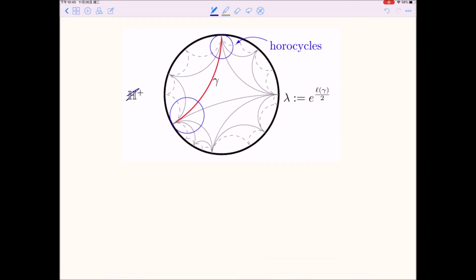Yeah, I should be using D instead. So in this picture, this will be a puncture, this will be another puncture, and the horocycles will be these circles. And you can see that this circle is perpendicular to every curve coming out from P, right? So the decorated Teichmüller space really is telling you the information of these circles, or you can say the radius of each circle. Different choices of radius will give you different choices of horocycles.